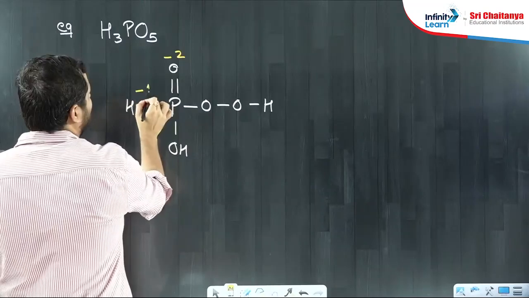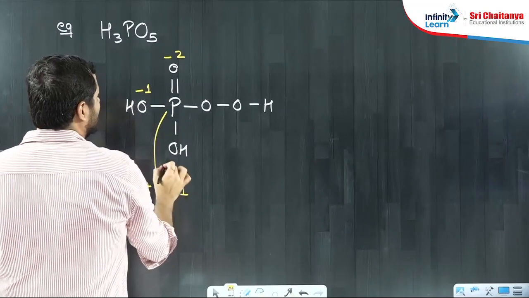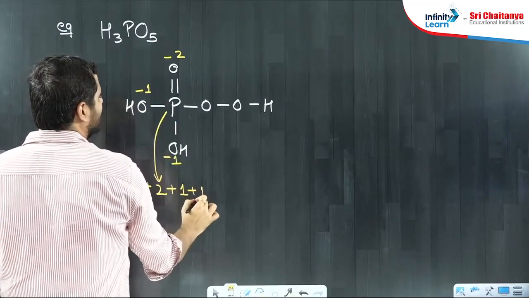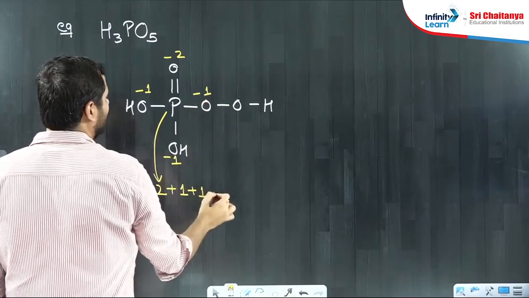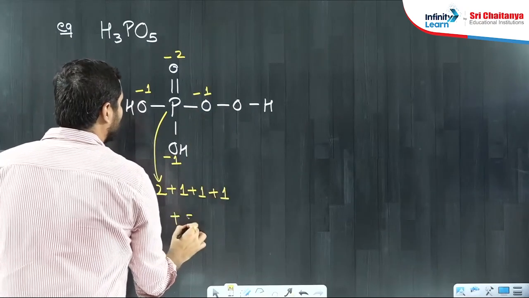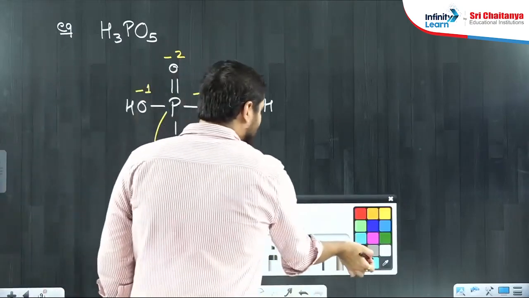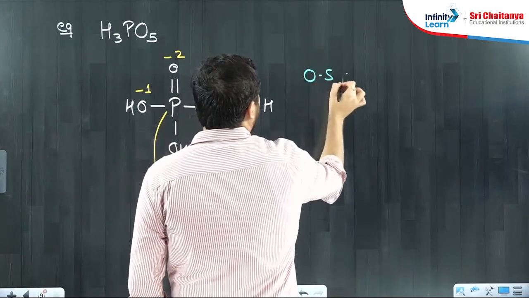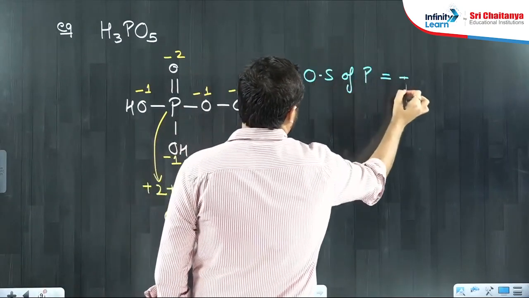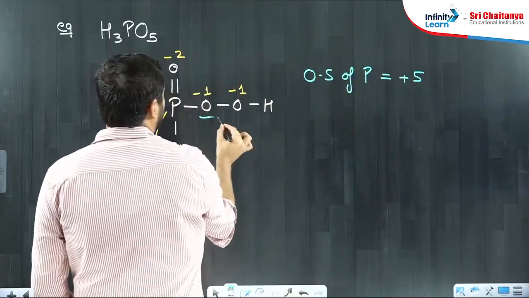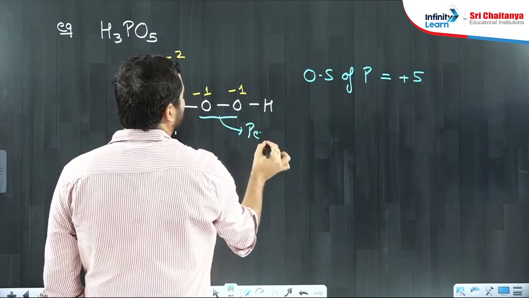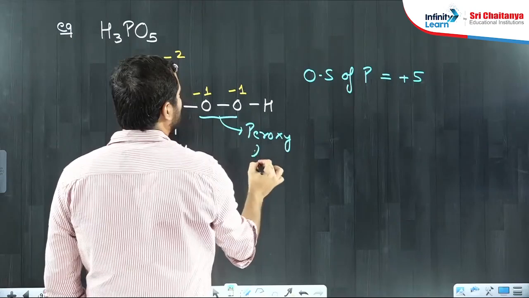Here, single bond -1 +1. Single bond -1 +1. Here also -1 +1. So what do we get here? +5. And this oxygen is also -1. So the oxidation state of phosphorus here is +5. This linkage is also an oxygen-oxygen linkage, which is called a peroxy linkage.